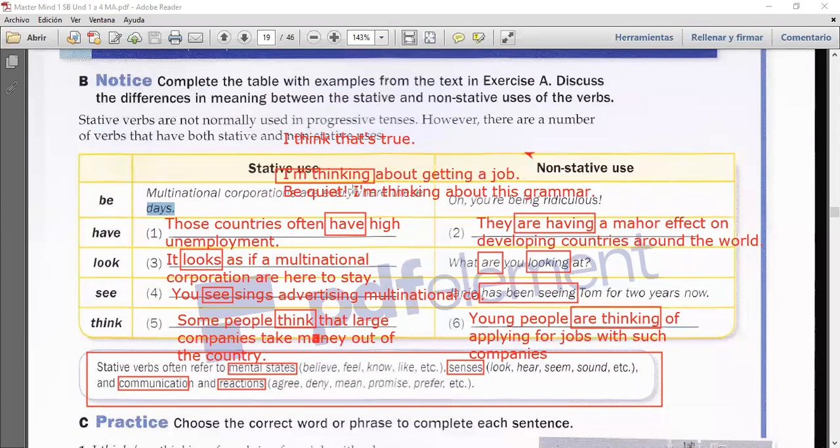So when a stative verb is a fact or an opinion, it is stative. But when the action is happening at that moment, and the context helps you to say or write them as a non-stative verb, the context will help you.